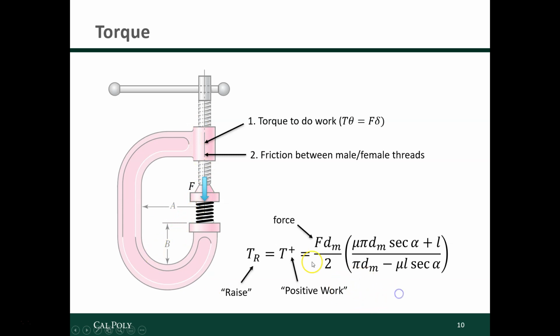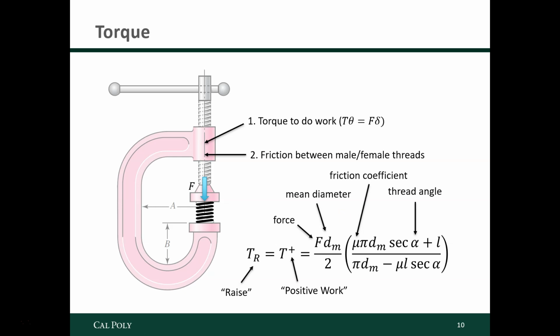And here we have the force that we're applying, the mean diameter of the screw, the average of the major and minor diameters of the screw. We've got the friction coefficient of the threads. We're talking about between the male and the female threads. We also have the thread angle. So again, for square threads, it's going to be 0.